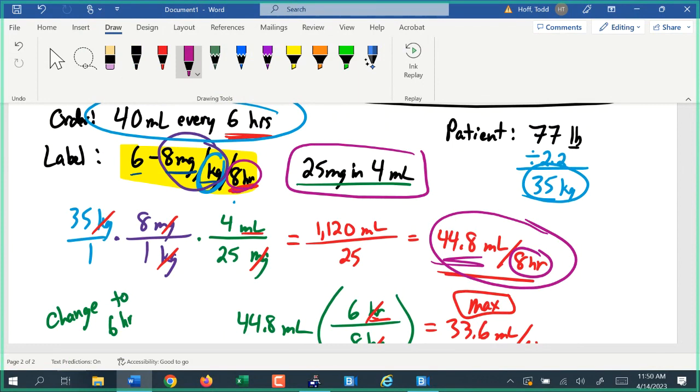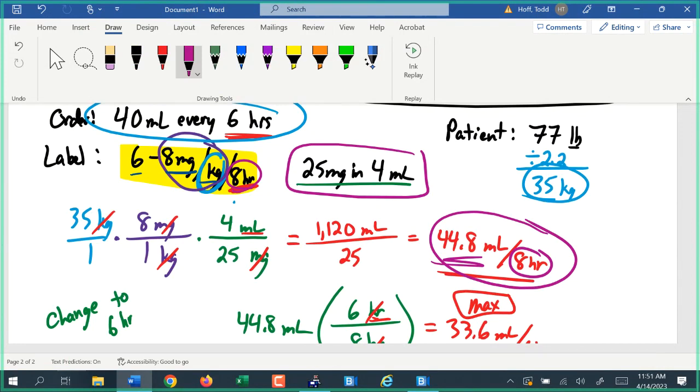So there are things like that where the supply changed, or even it could be that at the beginning the supply was one, and as this patient stayed in the hospital, that supply ran out, and you had to bring in a new bottle or a new crate or whatever, and that new bottle had a different supply. And this is one of the main reasons why we double check dosages.